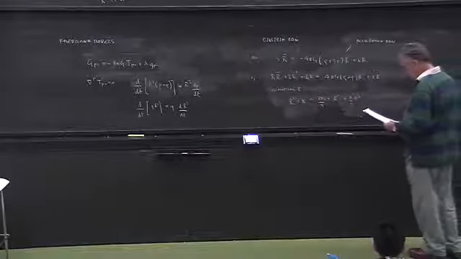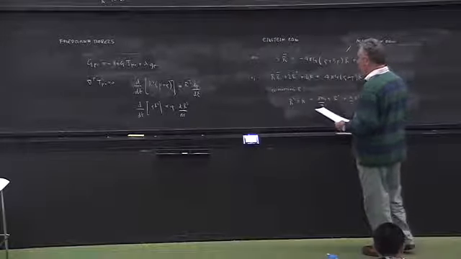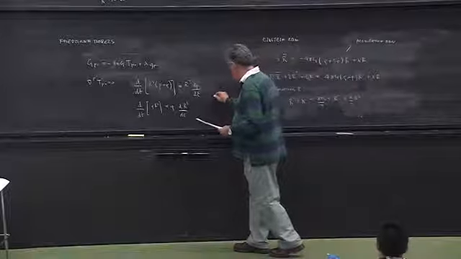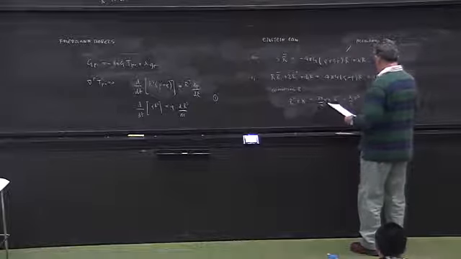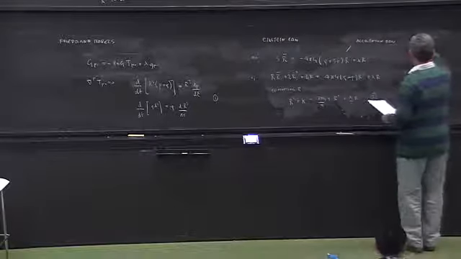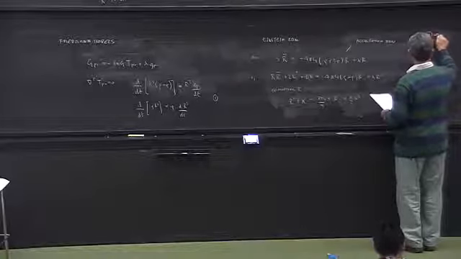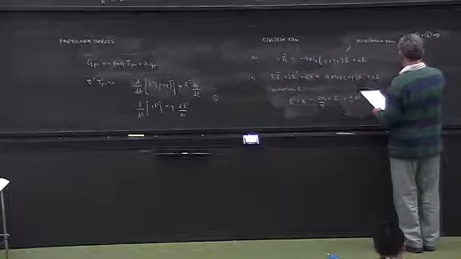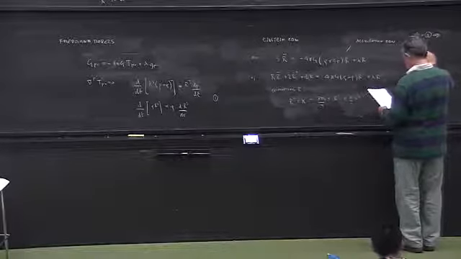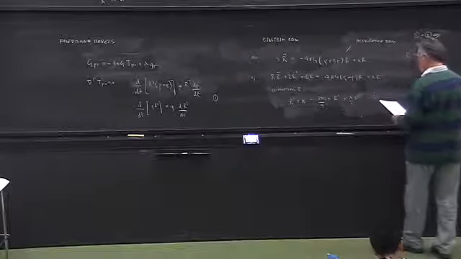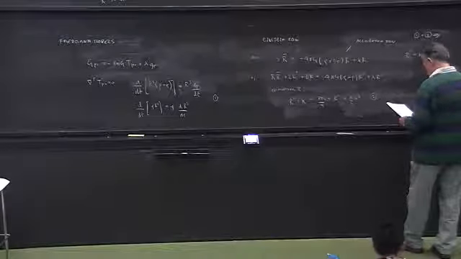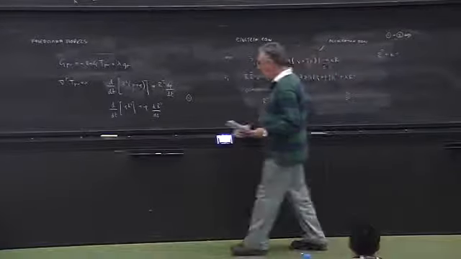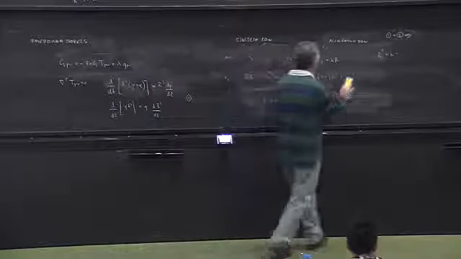We can use one and two to rewrite this as r dot squared plus k equals... well, I don't need to do that.